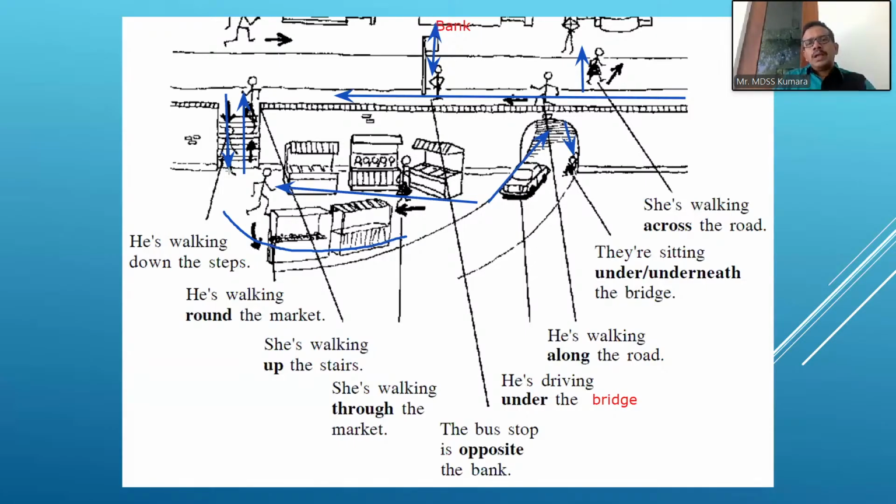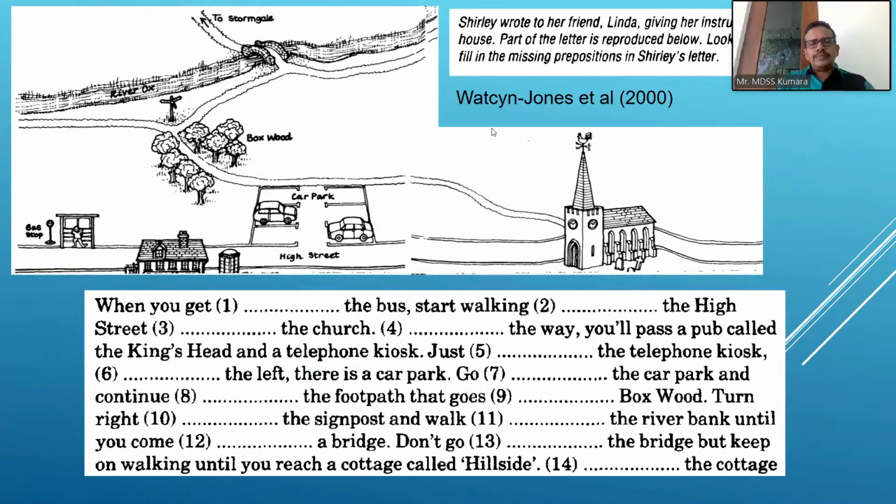Okay. Right. So this way you have some understanding about how these locative prepositions are used. In order to practice this, there is a small activity for you to do.